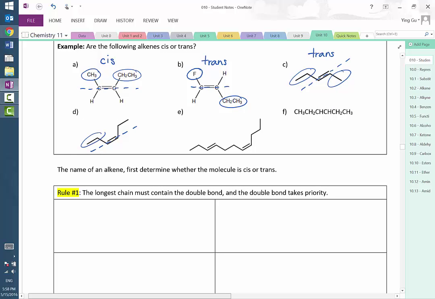We have two branches. They are both pointing on the same side of that double bond. So this is another example of a cis. It looks like a boat. Remember that line diagrams don't show you what the H's are, but if I were to draw them in, they would be right here, and both the H's are pointing on the same side, making this also a cis isomer.